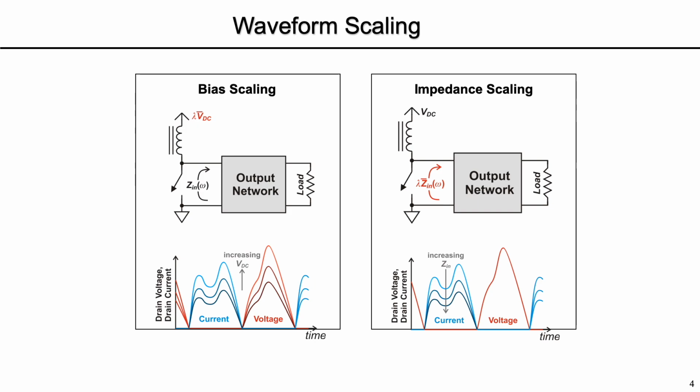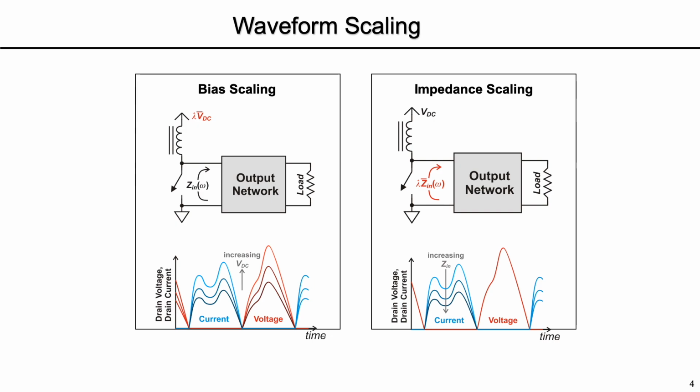They would just, both current and voltage, scale up proportionately. It's a useful thing to remember when you're designing amplifiers. Another thing that's interesting is the picture on the right, which is the impedance scaling. The impedance scaling tells you that if you took the impedance that you had and scaled it by a factor of lambda, as you make the impedance larger, your current will go down, but the voltage remains the same.